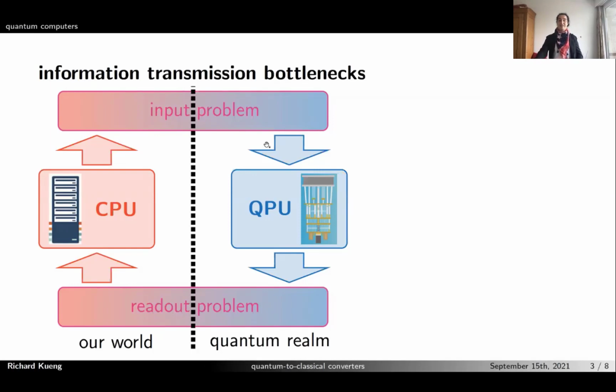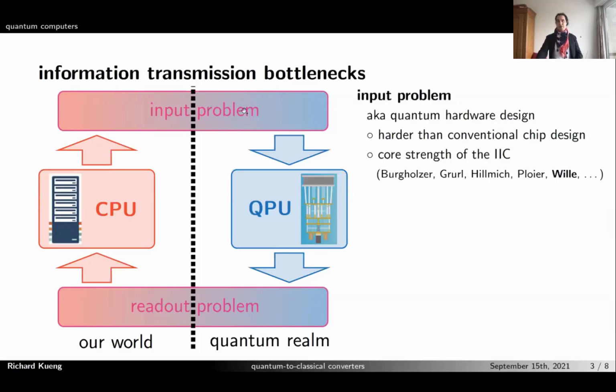We then have to let the quantum computer carry out its computation in the quantum realm and produce a quantum mechanical output. Afterwards, we somehow have to be able to read out the result of the quantum computation and transform it back into information that we on the macroscopic scale can access, like strings of bits. And as you can see here by the black line, there are two information transmission bottlenecks.